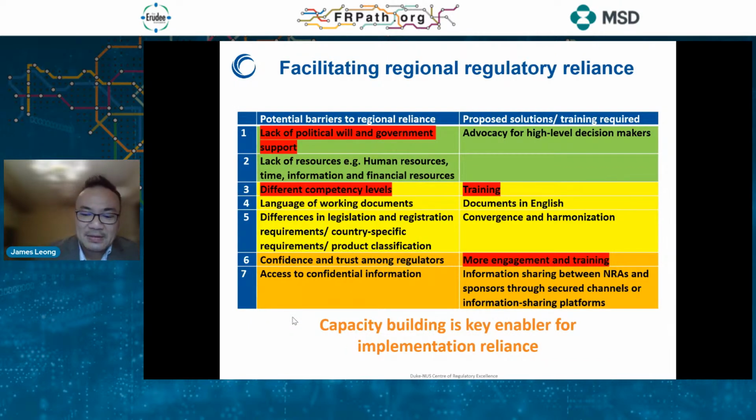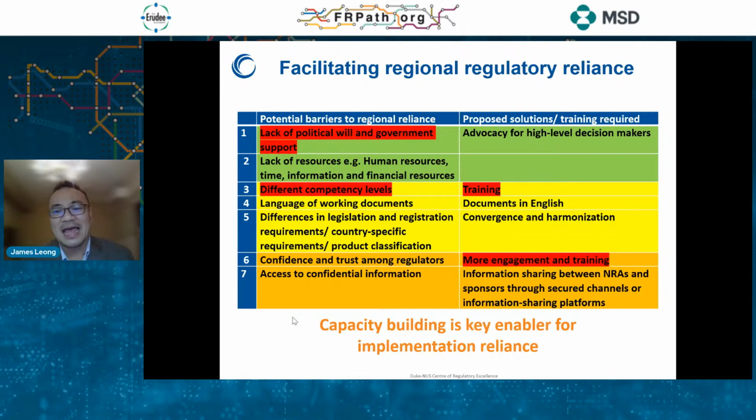Now, as part of the workshop, we also found out what the barriers are, and not surprisingly, technical competency continues to be one of the key barriers towards implementation of reliance or regulatory cooperation. And then there's one very important thing which keeps coming back to us: quite a number of regulators within this region are not of ministerial status, which means that they're just part of a department under a ministry.